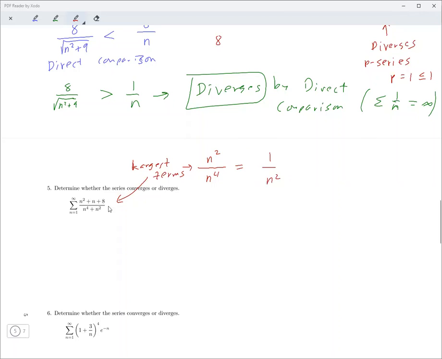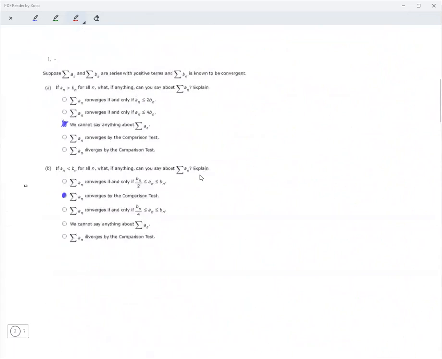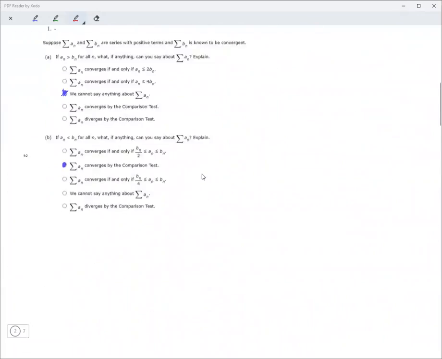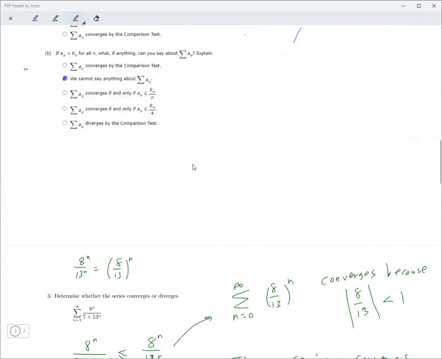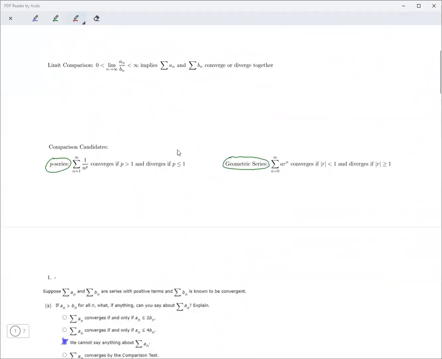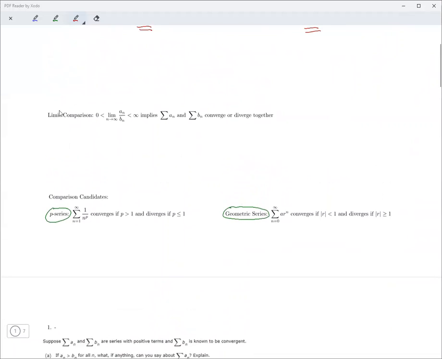So that's what you focus on. Now, let me show you how direct comparison works. We're going to compare these terms with those terms, 1 over n squared. Okay, so limit comparison.